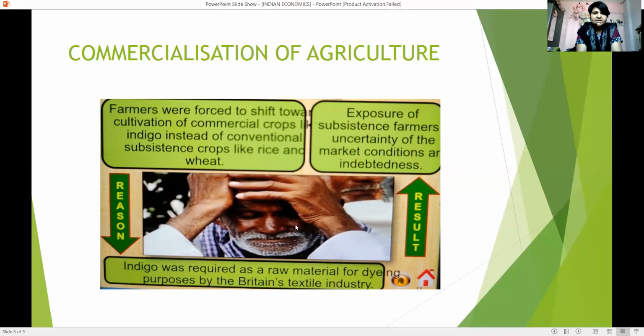Now you can see, students, indigo was required as a raw material for dyeing purposes by the British government's textile industries. And this was the result.